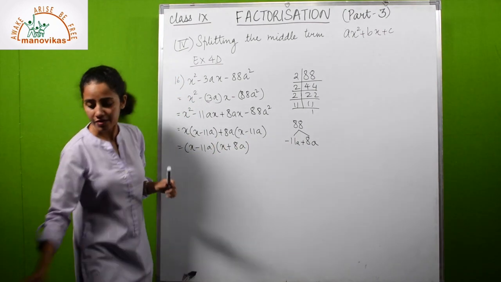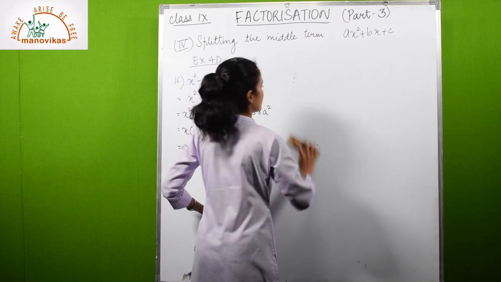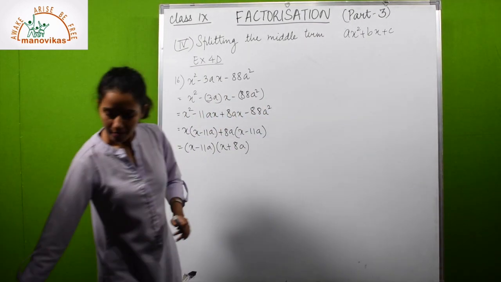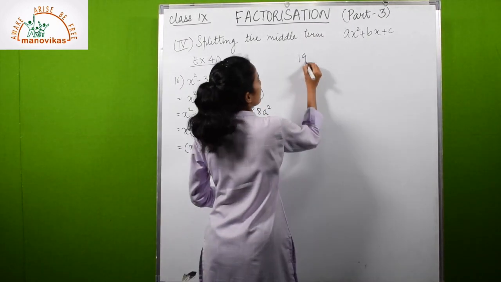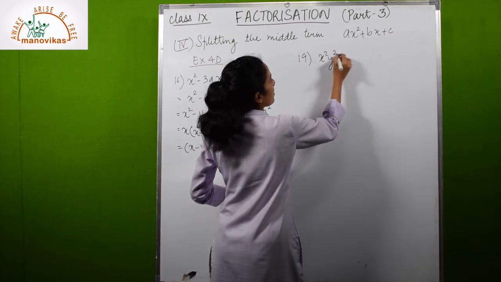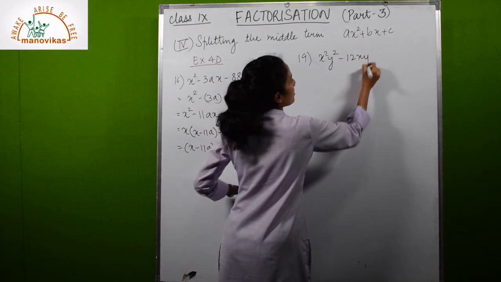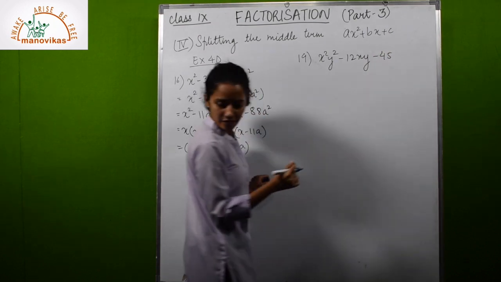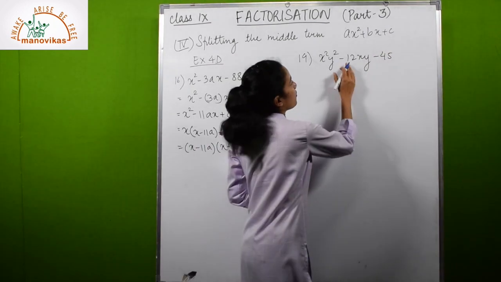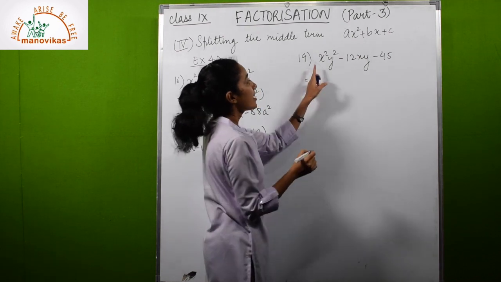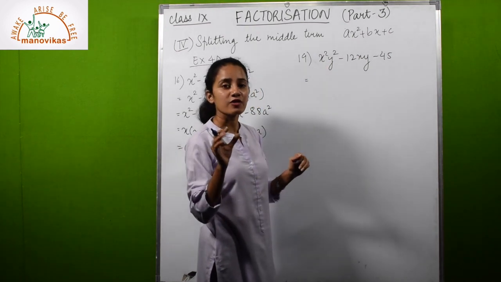Let us consider another example. Problem number 19. I have x square y square minus 12xy and 45. Now here, note that you have x square y square, that is the product of square terms.